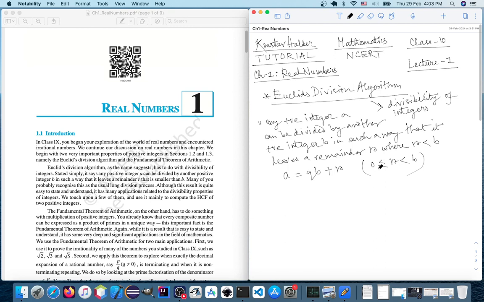When you divide 15 by 3, the quotient q is 5 and the remainder is 0. But when you divide, let's say, 7 by 3, you get the remainder 1 and a quotient 2. So this is basically Euclid's division algorithm.